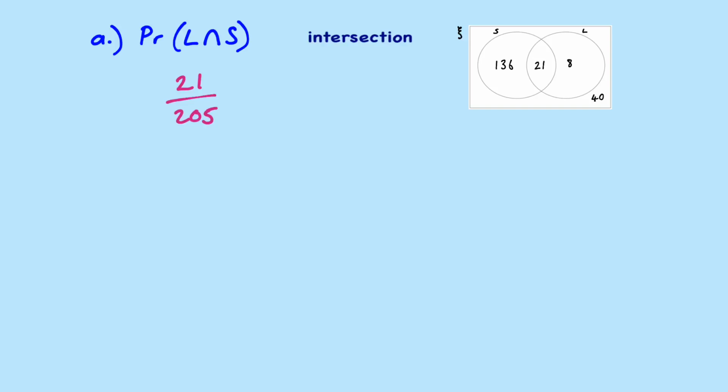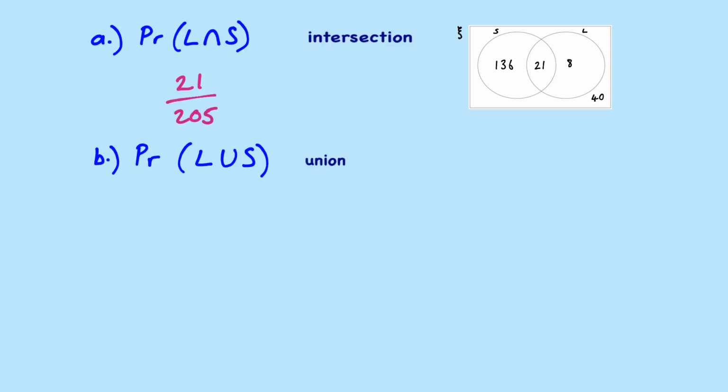And the next part of the question is the probability of L with this ∪ symbol, S. Now, what does that mean? This symbol in the middle, which looks like a U, means union of the two sets. And that is the probability that the students are in at least one of these two sets. So they can be in either that or that at least.